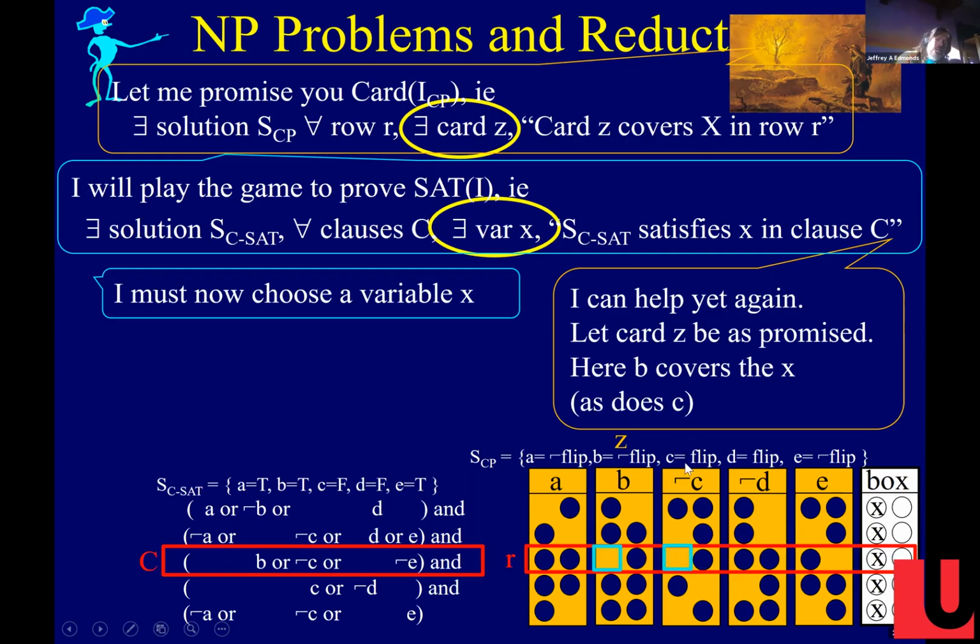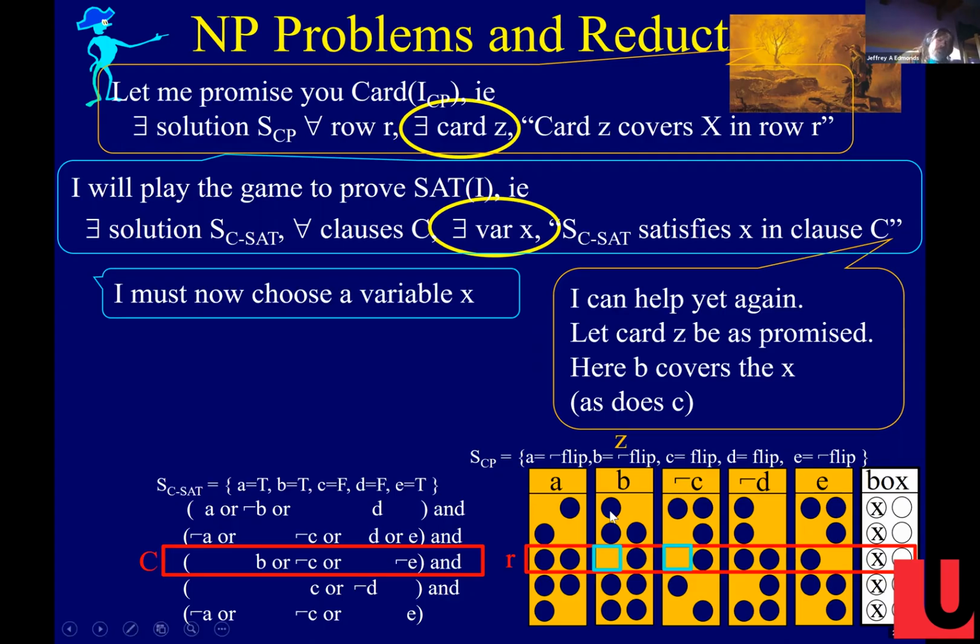Or maybe here's a choice. She had a choice here. Maybe she told us about card C, because card C has been flipped. And when you flip card C, it also covers that X in the row we care about, right? So it happens that she has a choice when she tells us there exists a card that covers the X. Actually, in this case, there are two cards.